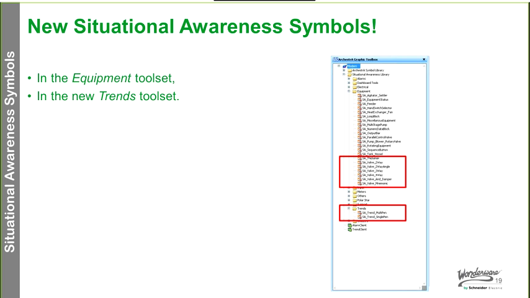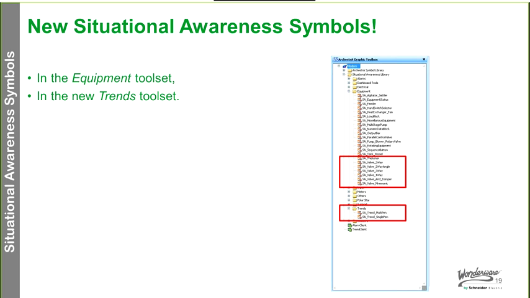And then we also have the trend tools, single pen and multi-pen. These single pen and multi-pen trend tools can be combined together with an ordinary analog meter showing the value.